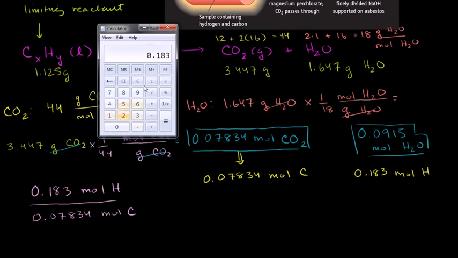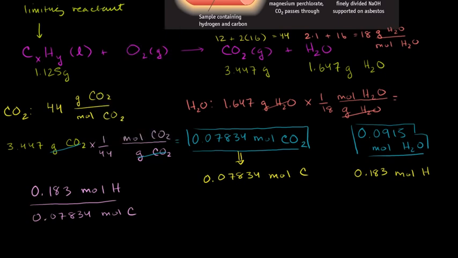Let's just divide this and see what we get. We have the 0.183 there, so let's divide it by 0.07834, and you get 2.336.